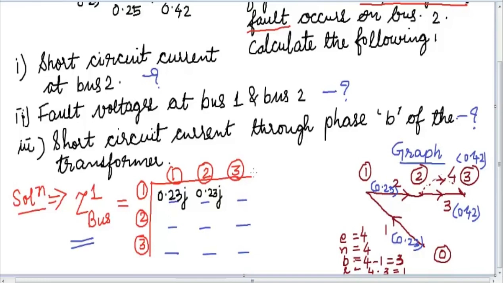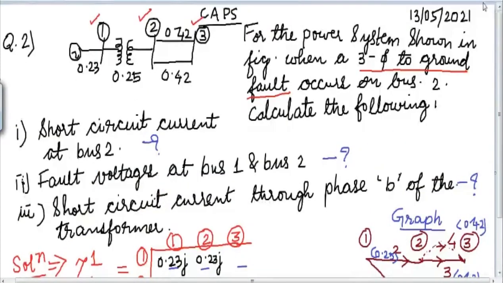Just a minute. J will not be applicable here because we don't have the values here are given. Yes, one statement we have missed out here. So please write it in the question that here you have to write one line: the positive sequence reactance in per unit.